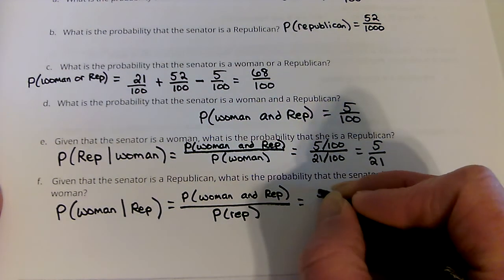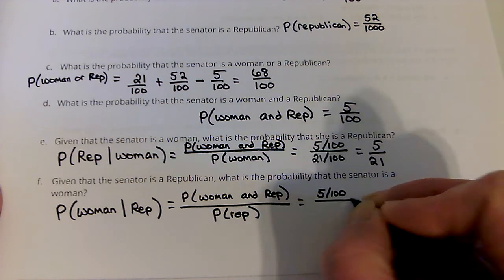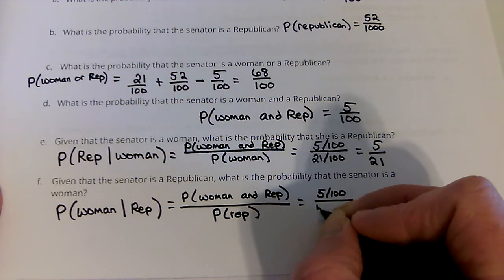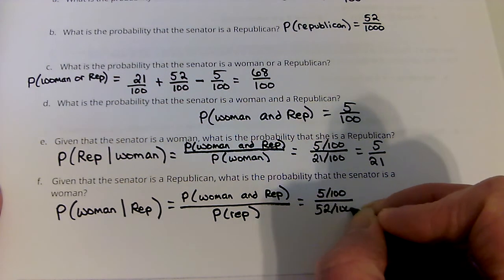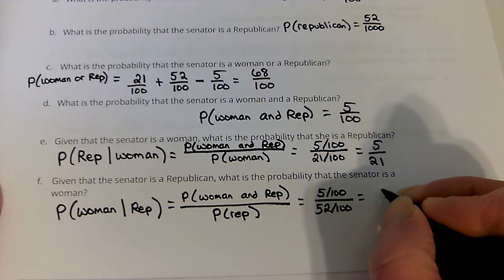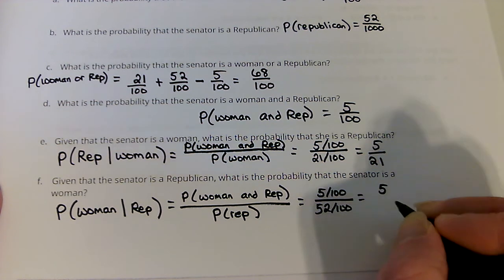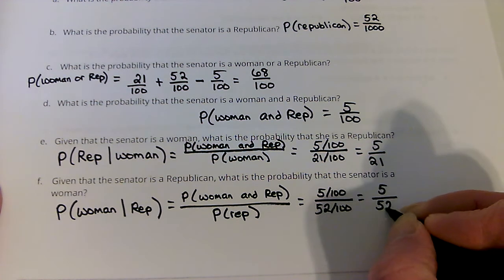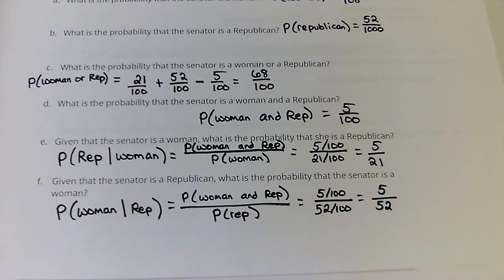So that would be 5 out of 100 divided by Republicans, so 52. So again, we can think of it as, there were 5 that were both, and there were 52 Republicans. You're reducing your sample size. That's the way I think of it when I'm looking at the tables.